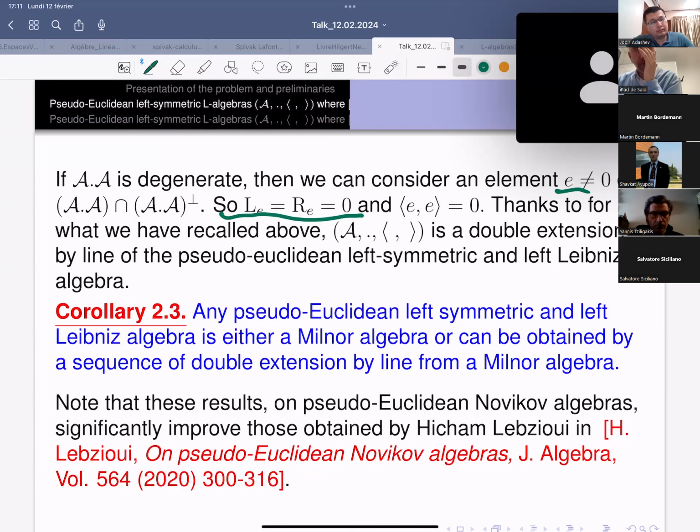I could imagine that even if you only have these two conditions, you can already say something. Can you say something about this class of algebras, or is it really large?